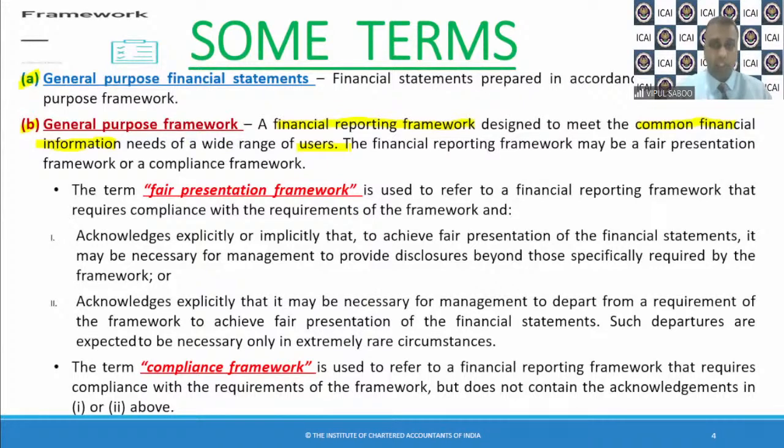So a financial reporting framework, like the horizontal format of the balance sheet and the profit and loss, any normal framework through which the common financial information needs of every kind of user are met. That is the general purpose framework, applicable to all, universal.